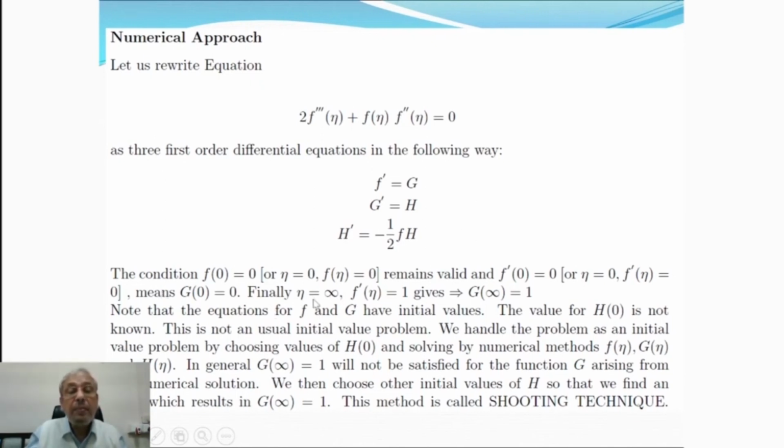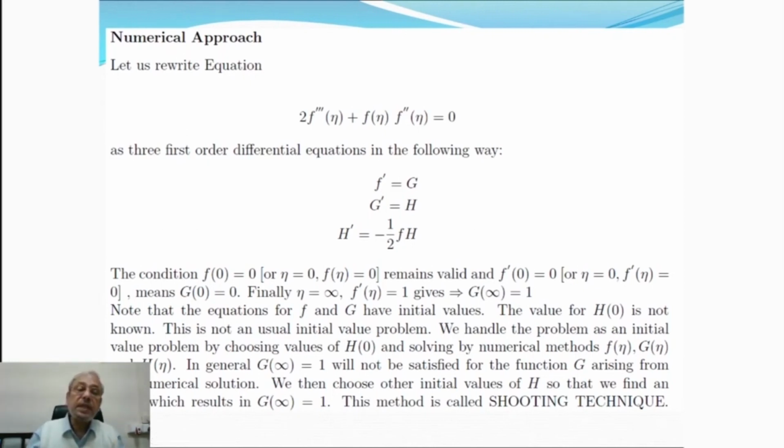But we have another condition, which is at eta equal to infinity, f prime equal to 1. That means g infinity equal to 1. F prime at eta infinity equal to 1, which means g infinity equal to 1.